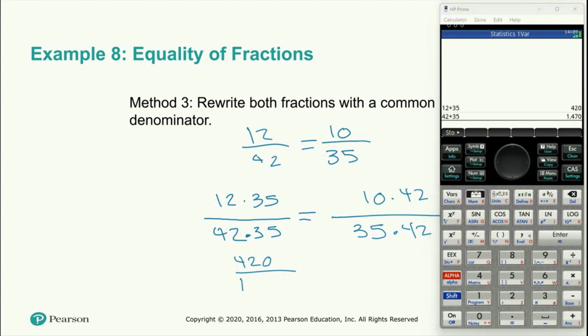That's 1470. On the other side, of course, 10 times 42 is also 420, so we get 420 over 1470. And there we have shown that the two fractions are equal by writing them using a common denominator. And of course, the easiest common denominator, just multiply the two denominators. Now, there it is. There's another way we could use to show equivalence.